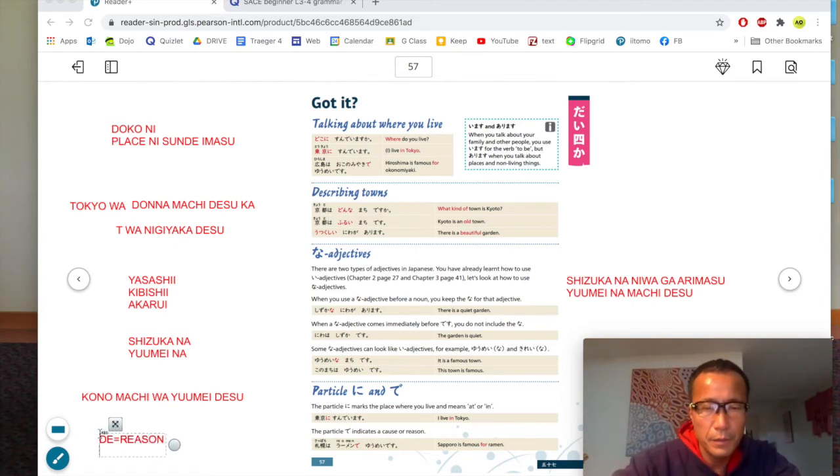For example, ラーメンで有名です。You are famous because of ramen. So, reason で adjective. That's how it works. で is for reason and に is for just a place.